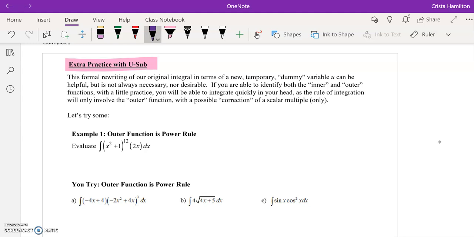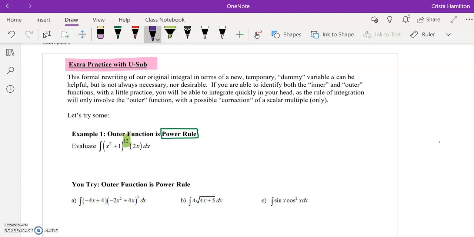When you look at it, you have to identify the inner function. It doesn't really matter what the inner function is, but we're seeing that the outer function is a power rule, that the f of g of x, the f part, is a power rule. So when I take a look at this part right here, I see that I have a power that has stuff inside of it.